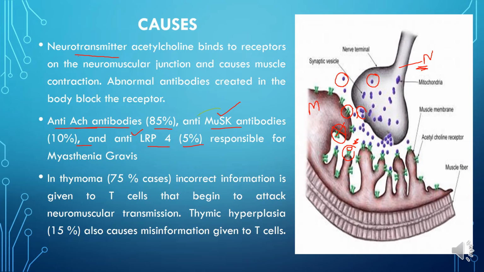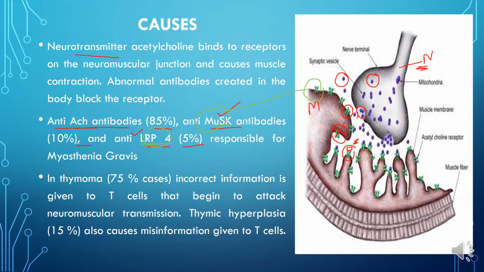So MuSK and LRP4 are responsible for the synthesis, the production, of this receptor. The receptors on the postsynaptic membrane are synthesized with the help of MuSK and LRP4.